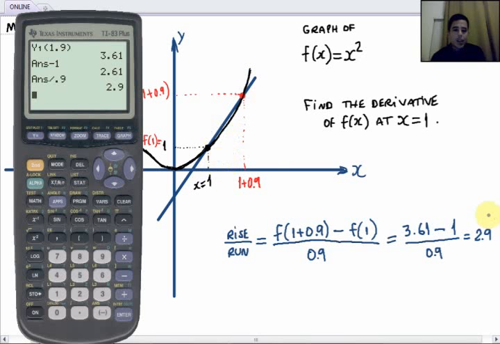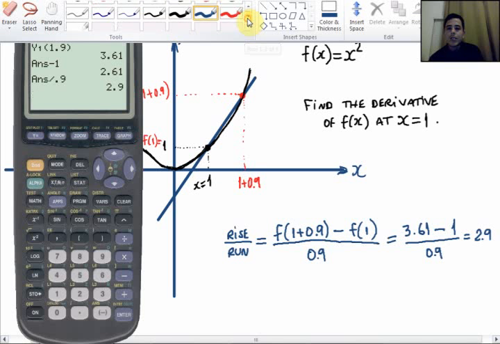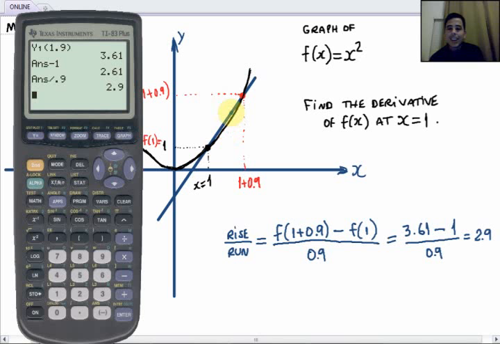But that's not what I'm interested in. I need to make this second point closer to 1. So let's use another point. I'll use another color here, maybe green. Let's say here.